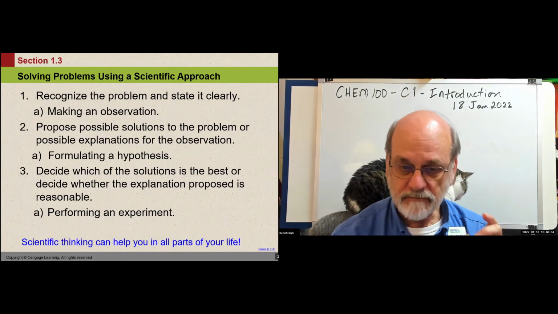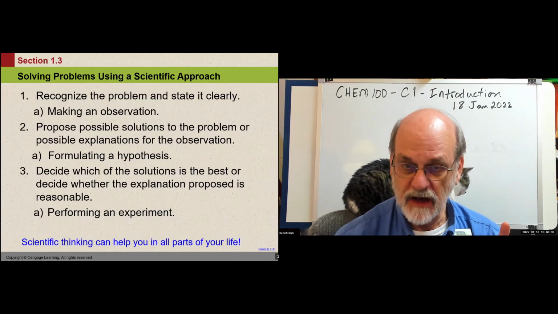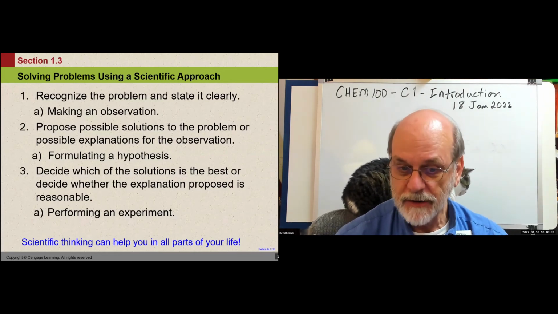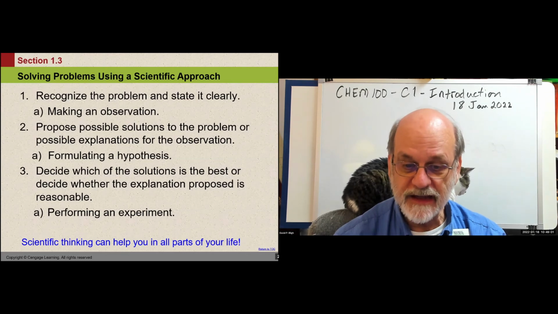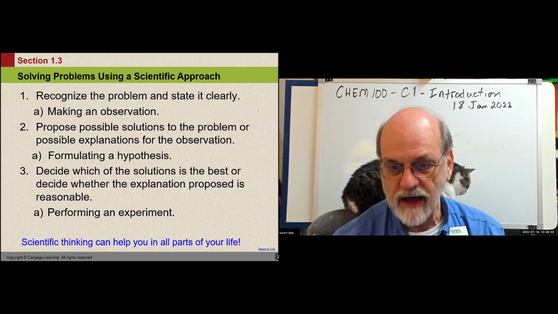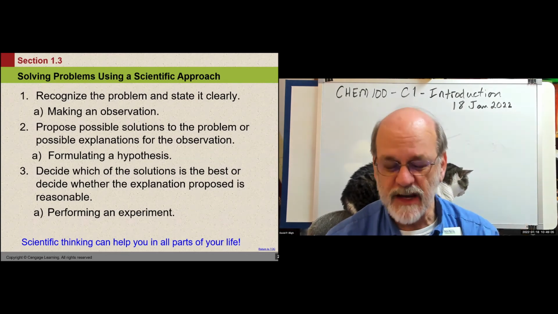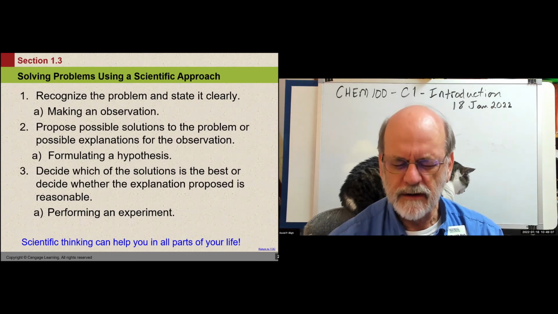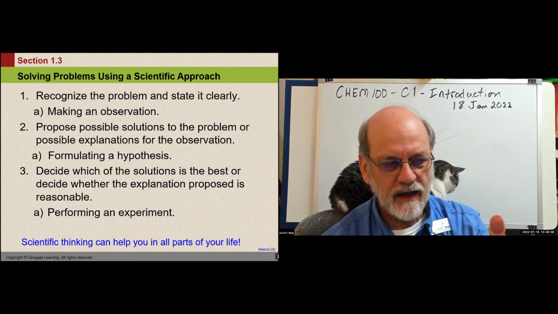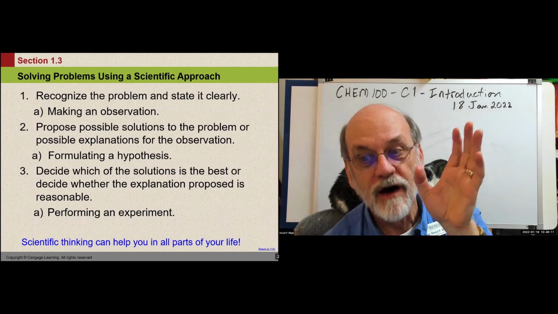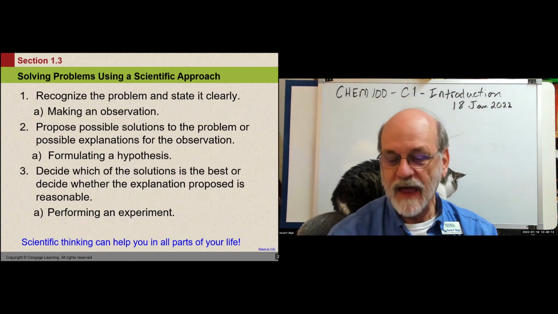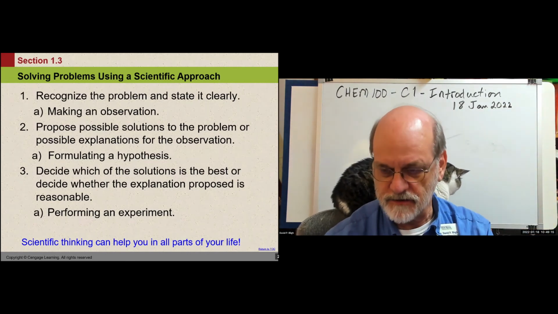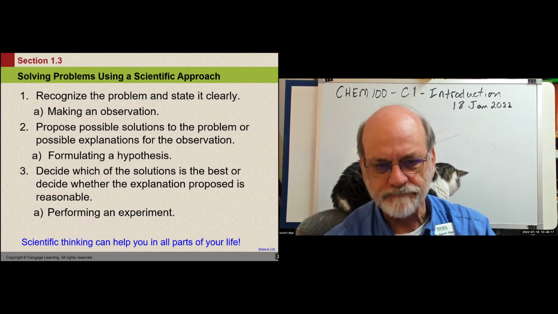Now, the beauty of this approach, the scientific approach, is that you can use this type of thinking in all parts of your life. When you make an observation, you probably already do it. You see something happening and you say, I bet it's happening because of this. Now, maybe it's not. Maybe it's just your expression of a prejudice.